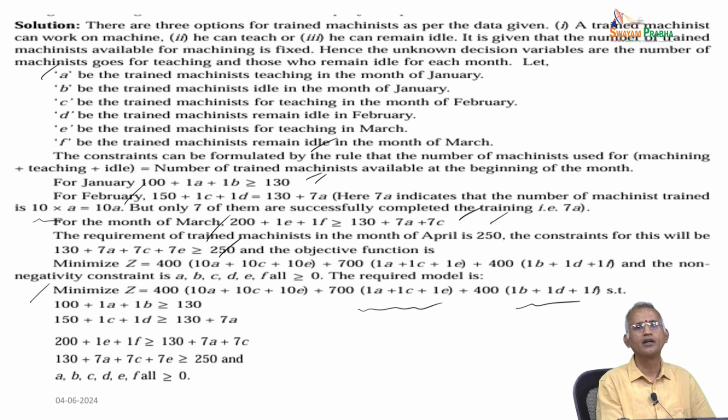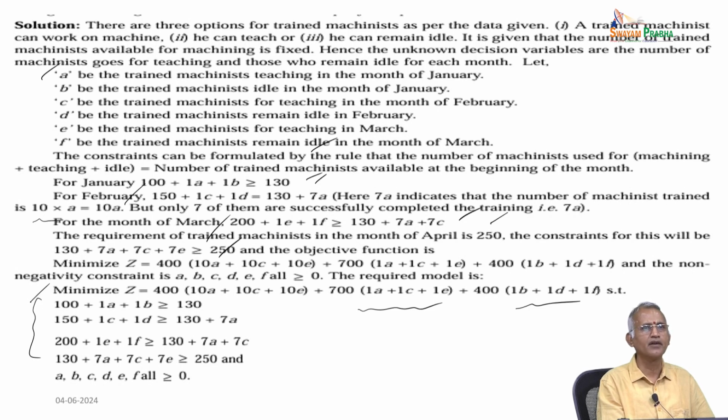plus 400 into (1B plus 1D plus 1F), such that 100 plus 1A plus 1B greater than or equal to 130, and 150 plus 1C plus 1D greater than or equal to 130 plus 7A, because the maximum of 130 is associated with 7 of them successfully completed, therefore we add 7A to 130. For the third case, 130 plus 7A plus 7C for the month of March, and the fourth one is associated with April.